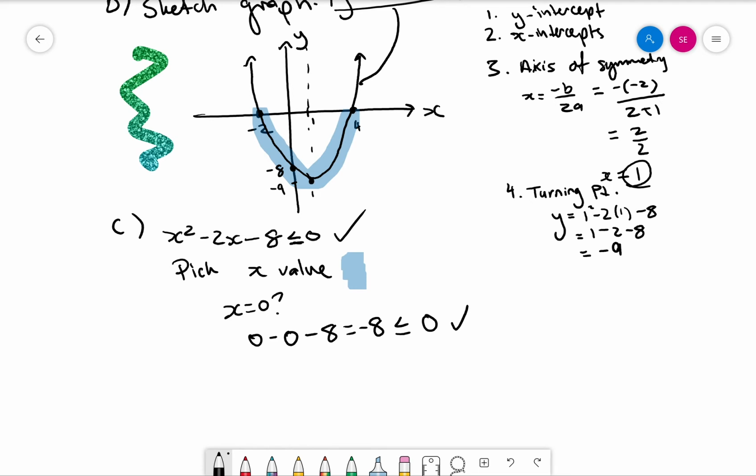Okay, now we've done the hard work, we just need to write our answer. So our answer would be, well, it's all x values that are greater than or equal to -2 and less than or equal to 4. So all the x values along this line here.